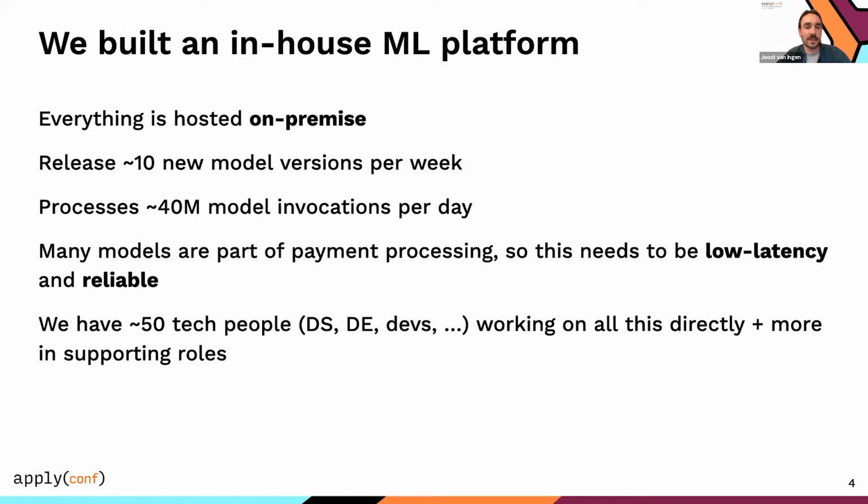Some other facts and figures of our ML platform: we release a couple of model versions every week, process quite a large volume, and many of these machine learning models are also part of the real-time payment flow, right? So we have some low latency and reliability constraints. And as you can see, over the last years, the ML team has grown quite a bit to a sizable organization. So it was very fun to be able to work on all this.